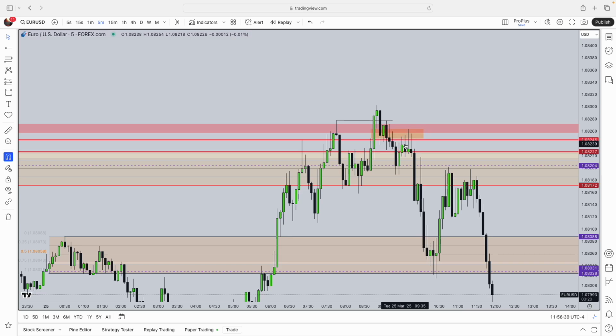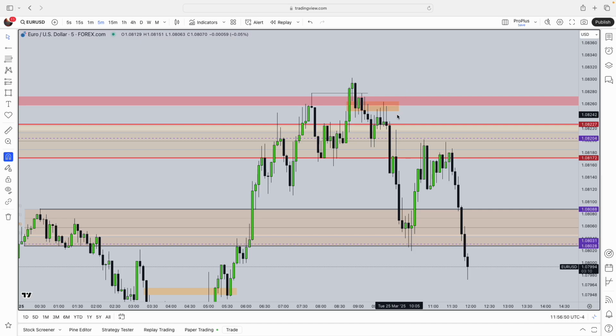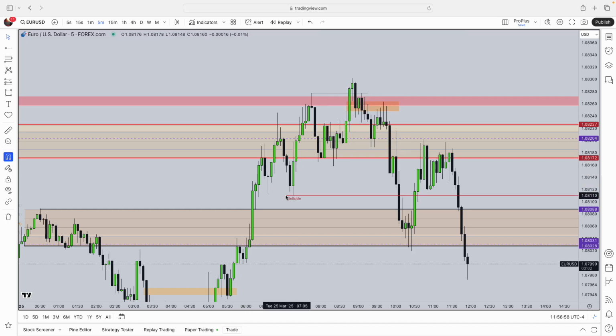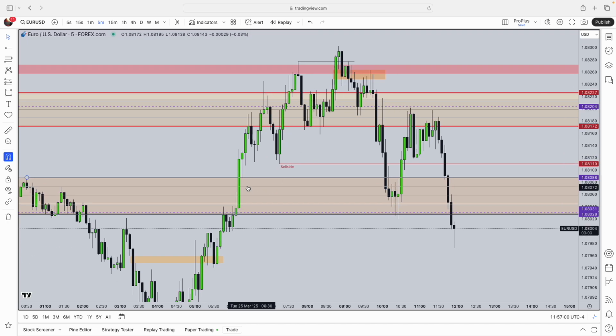Look at price, 1, 2, 3, 4, and it's also inside the inversion fair value gap. That's literally just tilting its hand, showing that it wants to go to the sell side. What's this here? Relative equal lows down here, back into a BISI here, into the midnight opening range.